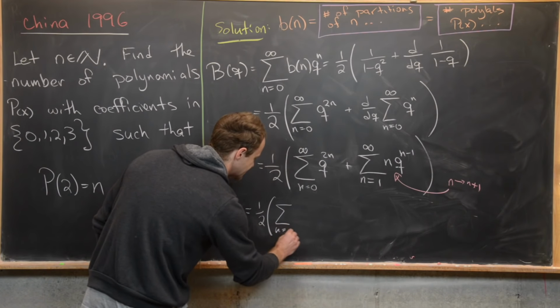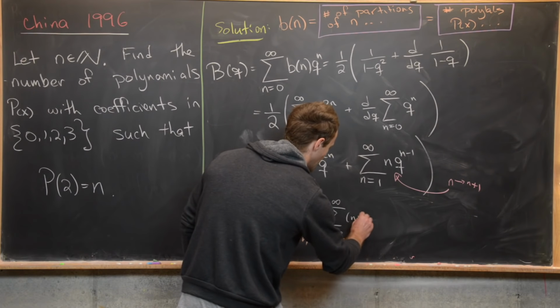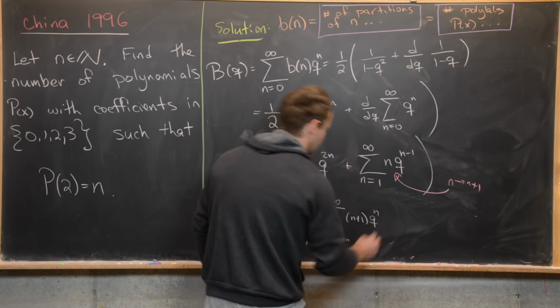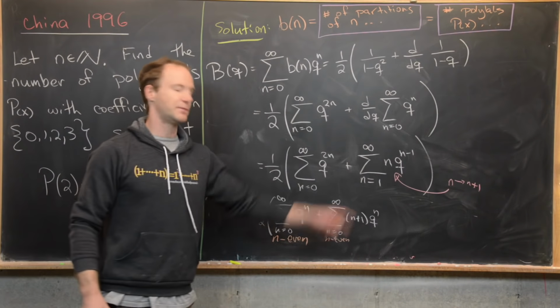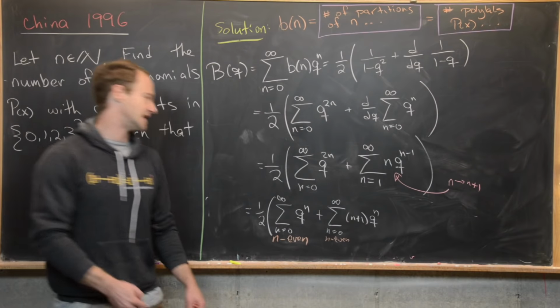Now I'm going to go ahead and do this change of index and the same kind of even odd thing in this one as well. So that's going to give me plus the sum n equals 0 to infinity, n even, of n plus 1 q to the n. So that would be doing this pink re-indexing and splitting it up into even and odd cases.